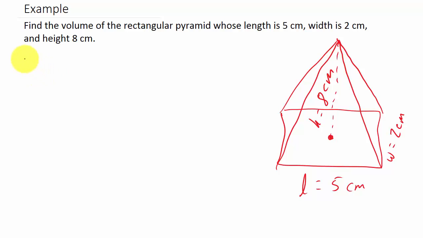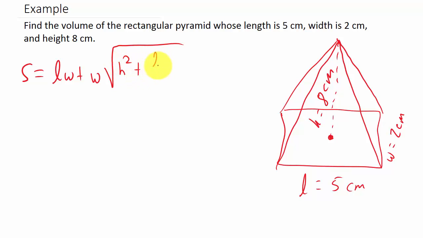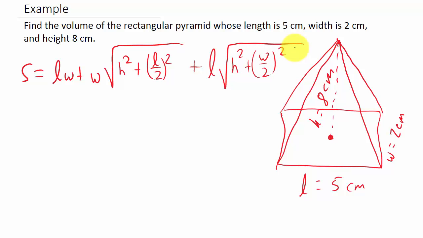Let's write our formula down. The surface area is length times width plus w times the square root of h squared plus l over 2 squared plus l times the square root of h squared plus w over 2 squared. Now we're just plugging everything in. The 5 replaces everywhere there's an l, the 2 replaces everywhere there's a w, and the 8 replaces everywhere there's an h.